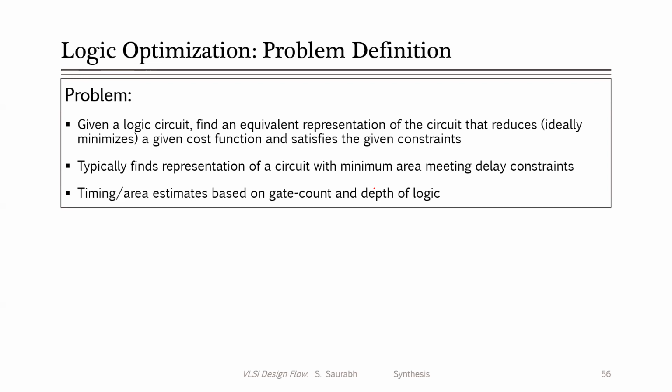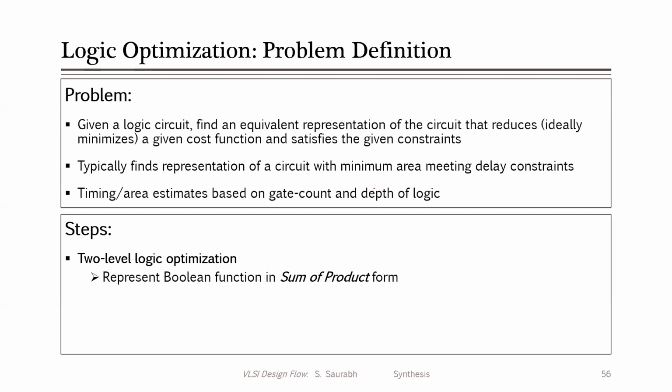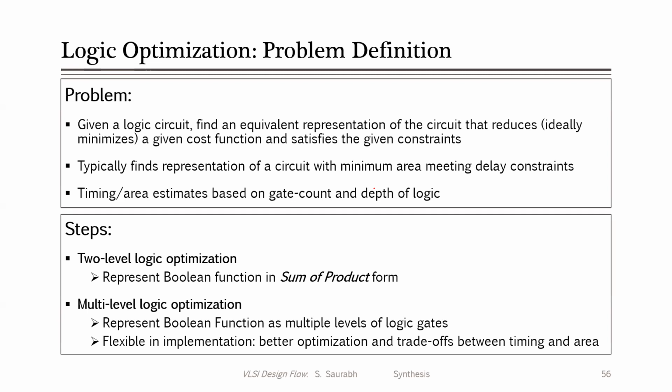I'm describing these steps that will be done by the tool while you carry out the synthesis, right? So during synthesis, when it is doing logic optimization, first logic optimization is done without using your standard cells, your technology library. Okay, so it will do two-level logic optimization or multi-level logic optimization.